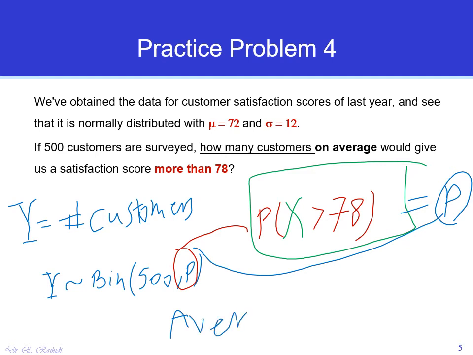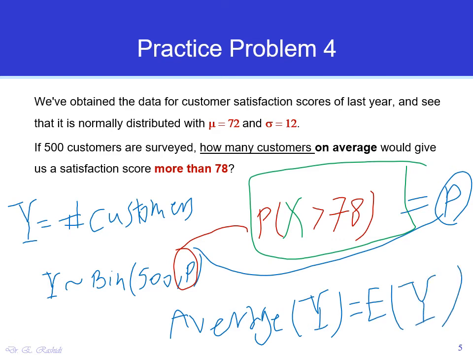The average number of customers who would give us a satisfaction score greater than 78, which is the average of random variable Y, which is another term for the expected value of Y. Y is a binomial distribution, and the expected value of a binomial distribution is N multiplied by P. So after we find P, N is 500, we multiply 500 by P and we get the average number of customers that would give us a satisfaction score greater than 78. So let's find the probability that X is greater than 78.